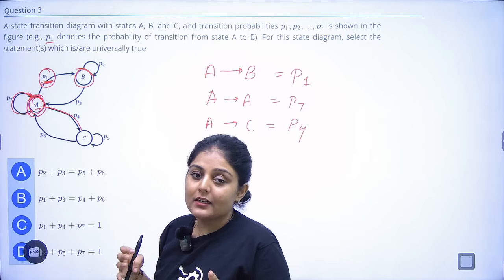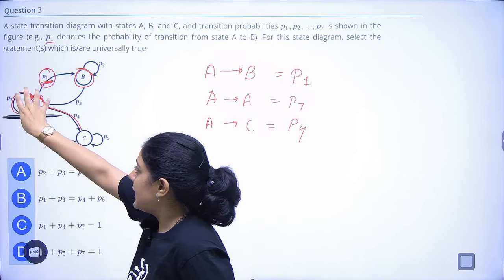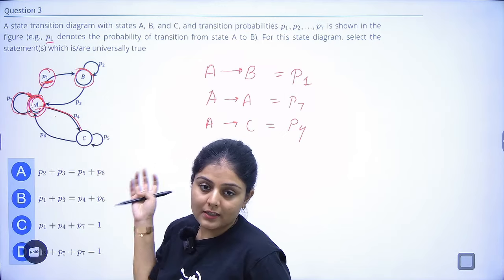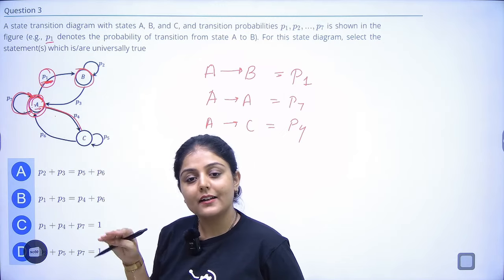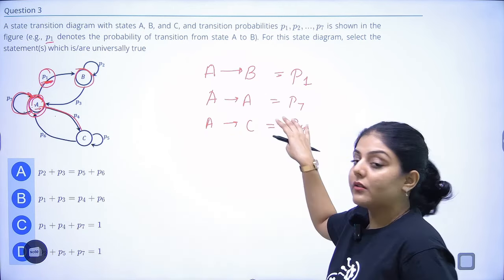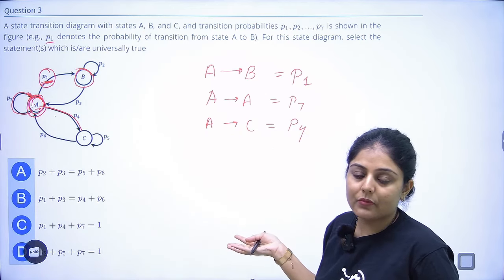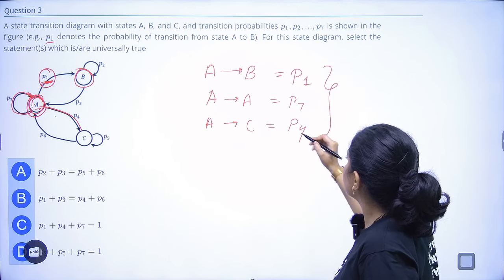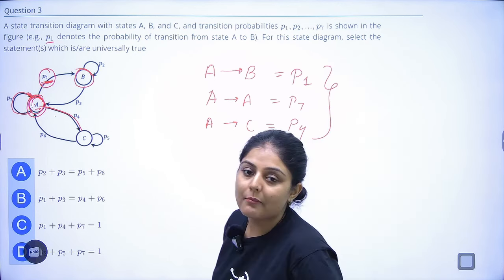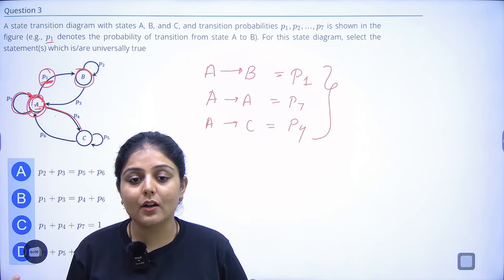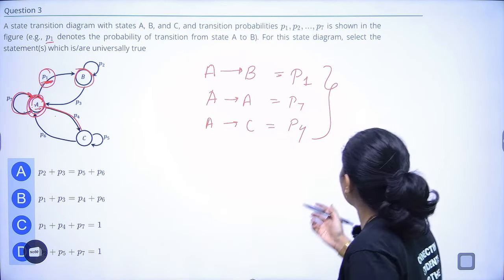So basically from state A, either it can move to B or C, or it can stay at state A itself. These are the three cases, maximum 3 cases are possible. So all the 3 probabilities of moving from state A to any other state will sum to 1.